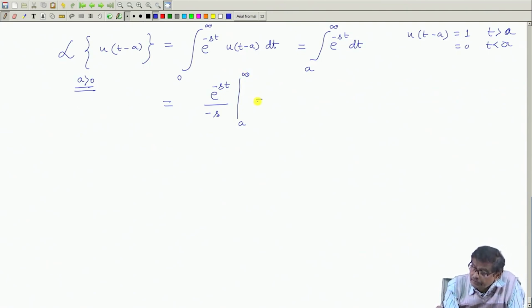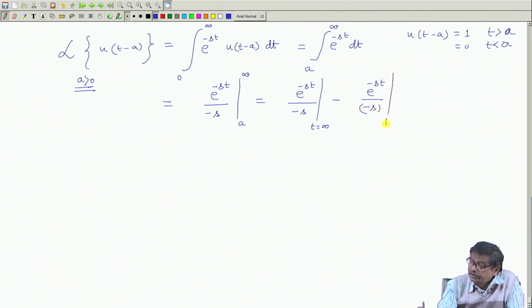So, this will once again be equal to e to the power minus s t by minus s evaluated at t equal to infinity, minus the same function, e to the power minus s t divided by minus s, evaluated at t equal to a.